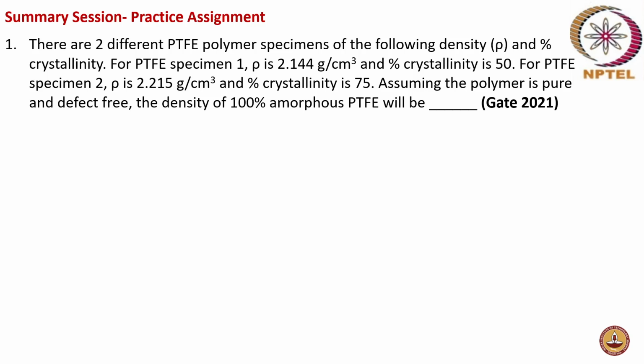That means, if you see, one is 50 and the other is 75, so they are not 100% crystalline. So they have some amorphous part also and crystalline part also. Right. And they have given what is the total density.